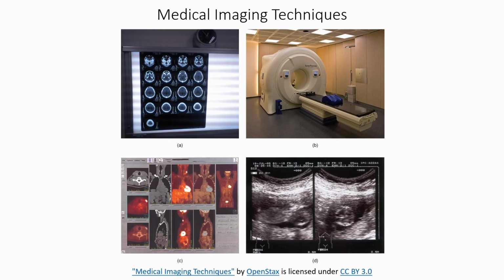Some of the other ones, right, like a CT and a PET scan actually use radiation. X-rays do too, but it's not that much. Something like a CT or a PET scan is going to be a little bit more intense, and so there is a bit of a higher risk using those types of medical imaging.